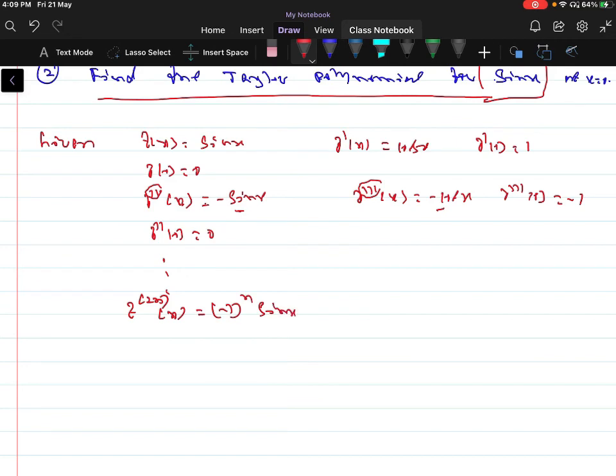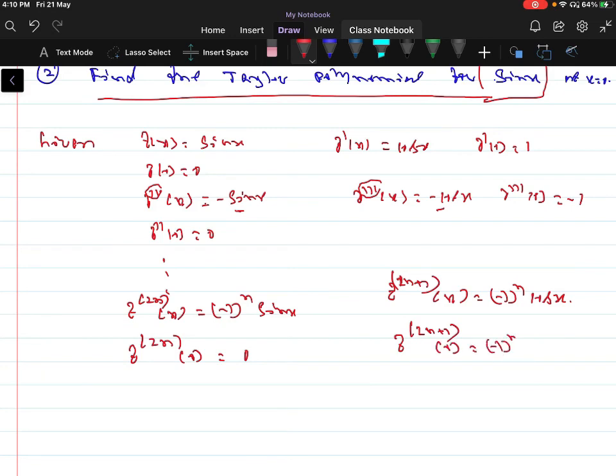Similarly, the 2n plus 1th derivative of the function is equal to minus 1 to the power of n into cos x. So the 2nth derivative of f at x equal to 0 is equal to 0 because sin 0 is 0. Similarly, the 2n plus 1th derivative of f at x equal to 0 is equal to minus 1 to the power of n into cos 0, which is 1.